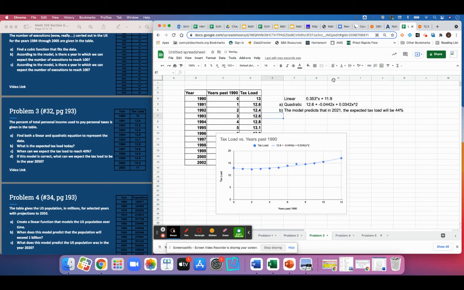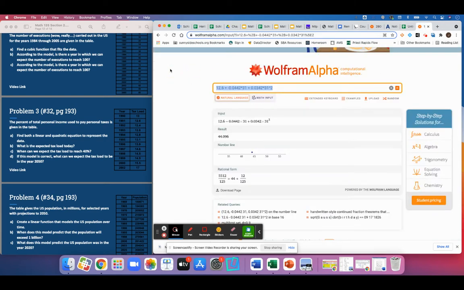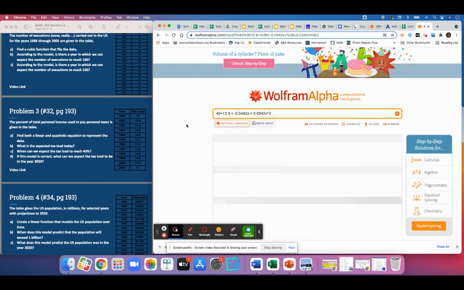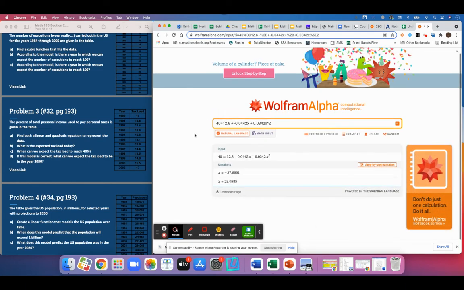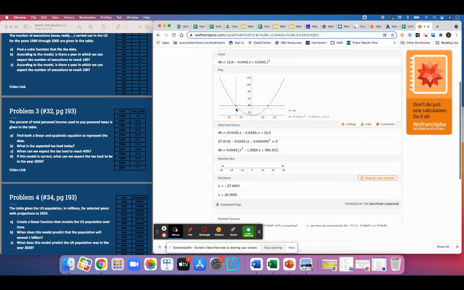Then when can we expect it to be 40%? One moment and we'll go do that. So we can see that if we take our quadratic, it's going to be obviously before the year 2021 that it expected it. So we need to set that whole thing equal to 40%. And we'll see that we have two solutions. One is negative, which is a throwaway.